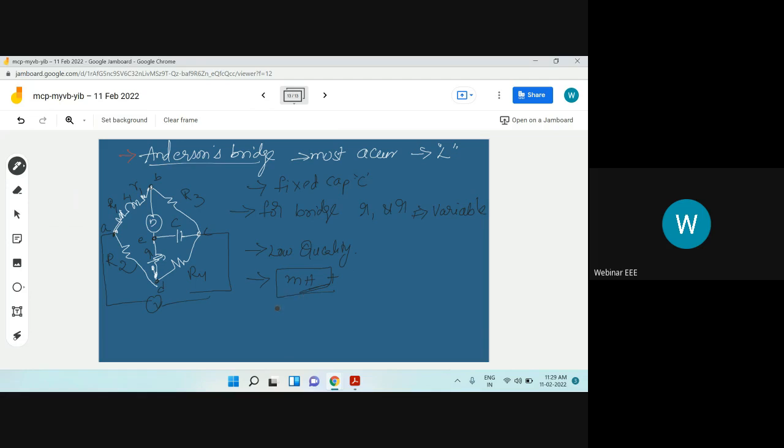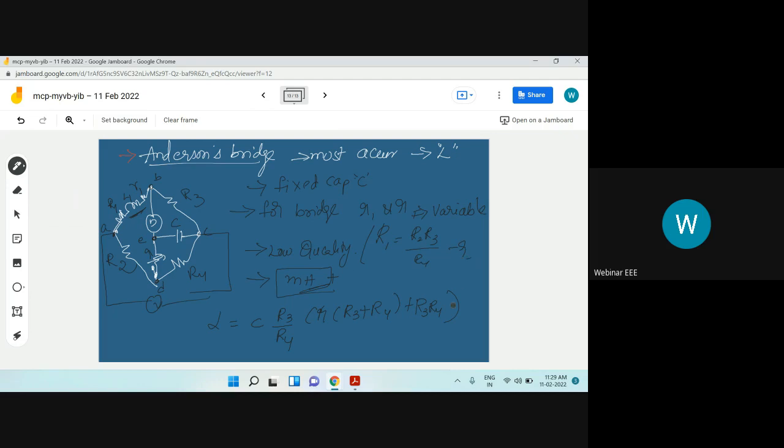This is a modification of Maxwell's inductance bridge. The unknown values will be considered as L is equal to R3, R4. If you observe, there are no other inductances apart from this. So this unknown inductance is measured like this. This is the formula, and the unknown resistance R1 is calculated like this: R2, R3 by R4 into R.